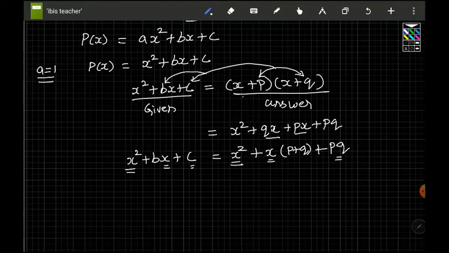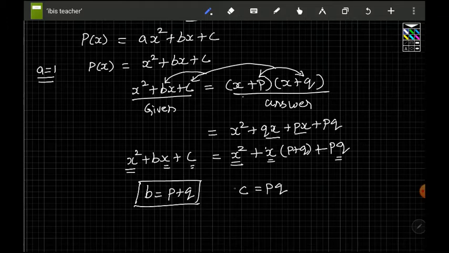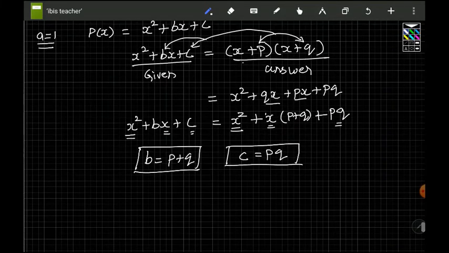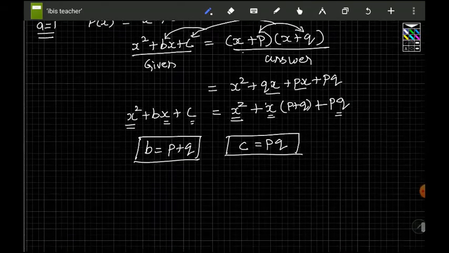The coefficient of x on the right hand side is p plus q, on the left hand side the coefficient of x is b, so b must be equal to p plus q. On the right hand side the constant is pq, on the left hand side the constant is c, so c must be equal to pq. Once you know b and c, with b equal to p plus q and c equal to pq, your job is done and you can do the factorization now.